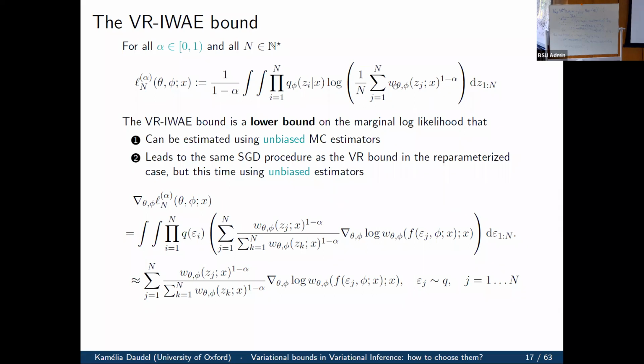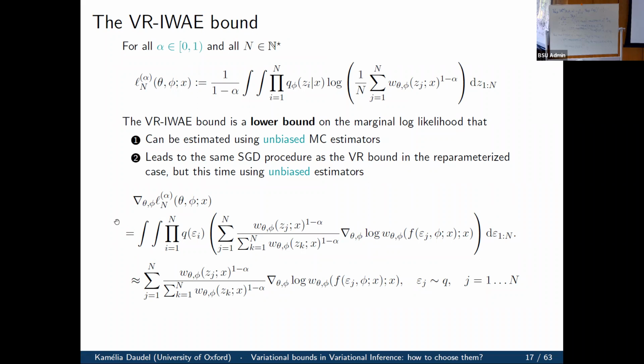Simple derivations give you the gradient of this VR-IWAE bound. The key point is that it can be approximated in an unbiased manner. In fact, the estimator we get is the one we had previously using the VR bound.